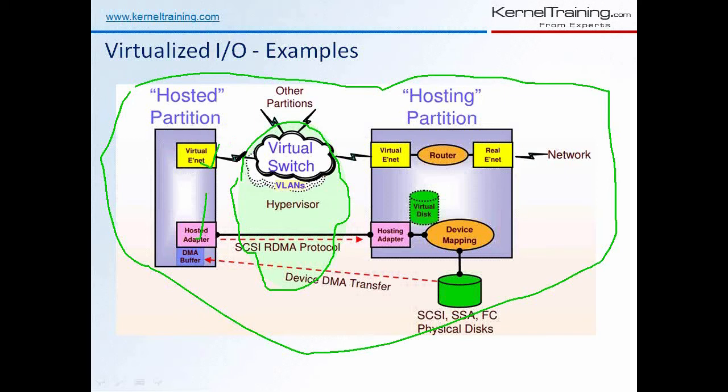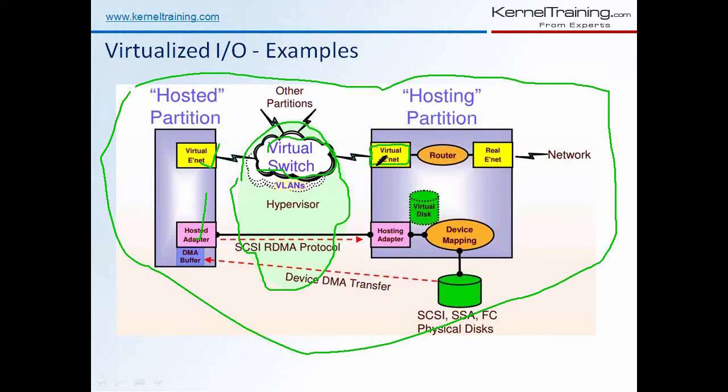Through the hypervisor switch, a virtual switch I have created inside my hypervisor, I am able to send packets to my virtual Ethernet, which is on my virtual IO server.